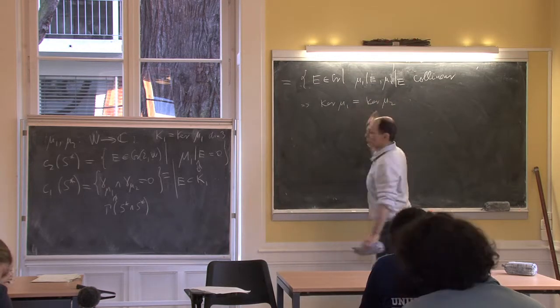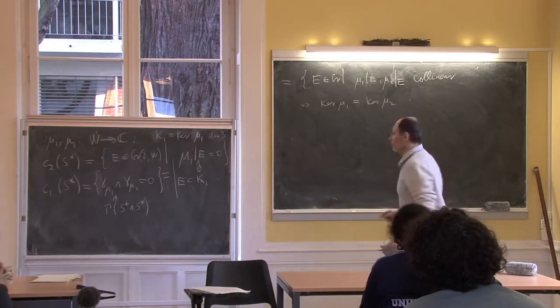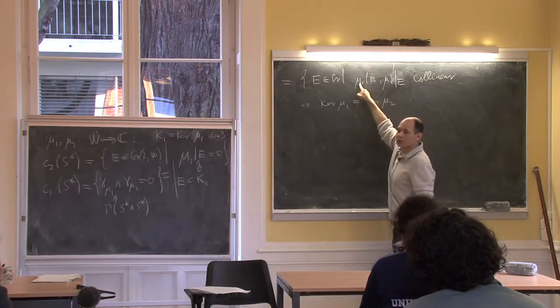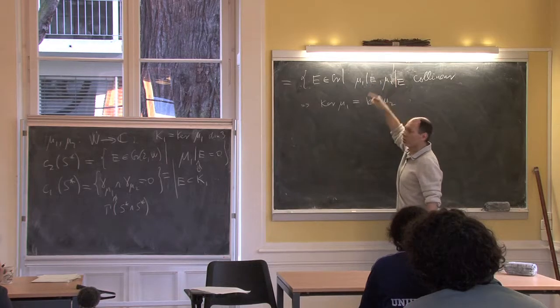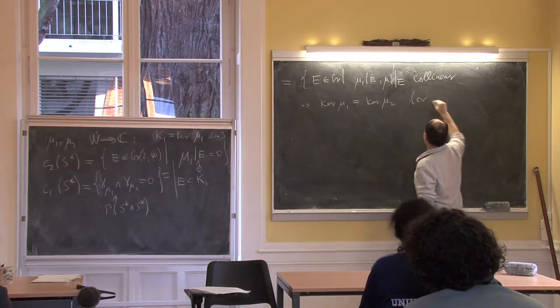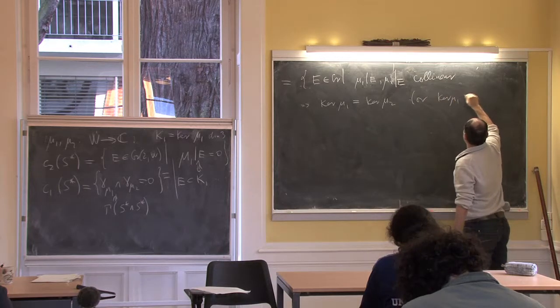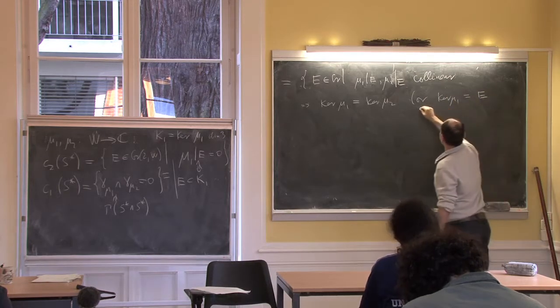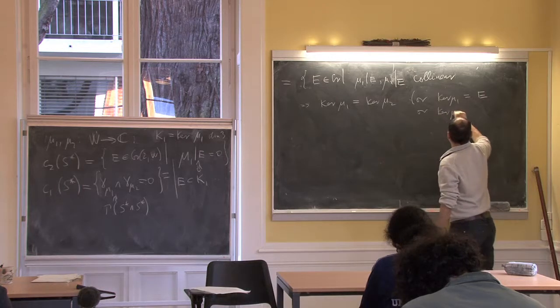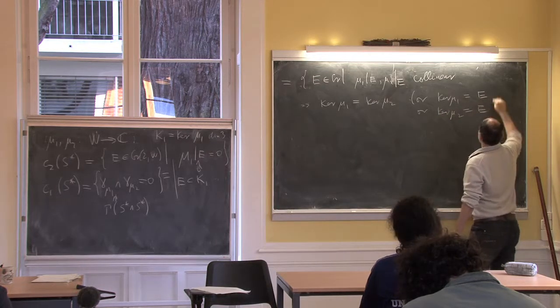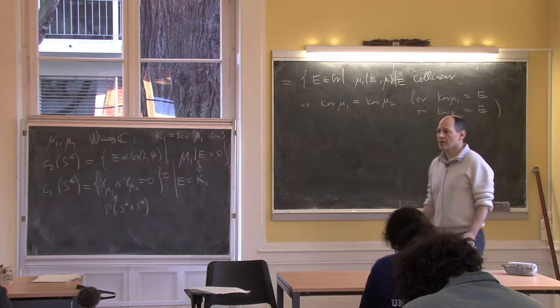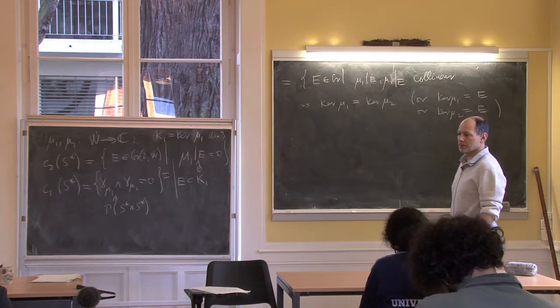This is not completely true, it's almost true, because the kernel of mu1 could be simply 0, or mu2 could be 0. Okay, so these are the two possibilities.